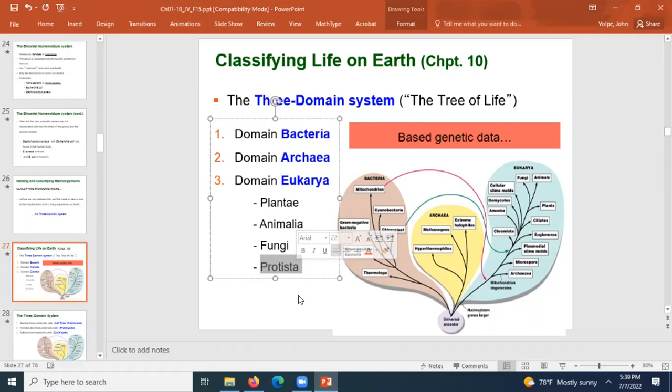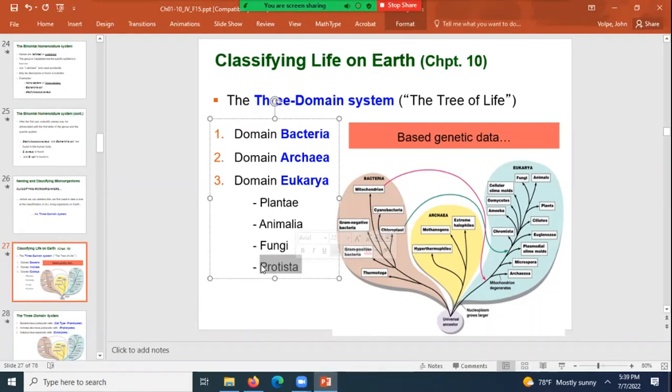Other people say there are 9 kingdoms, and what they do is they divide the kingdom Protista into different kingdoms. People say, no, there's not 9 kingdoms, there's 15 kingdoms. And once again, they divide the kingdom Protista into ever more groups. And this might be the 15 kingdom approach where we have each of these groups here as a kingdom. And then some people have the 20 kingdom approach where you divide the Protista into different kingdoms.